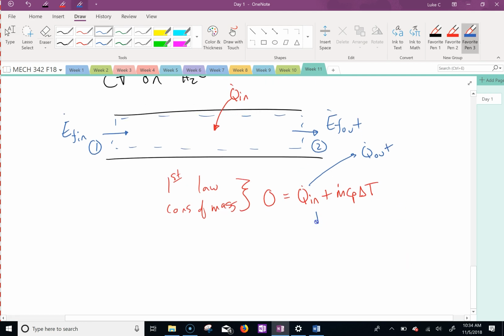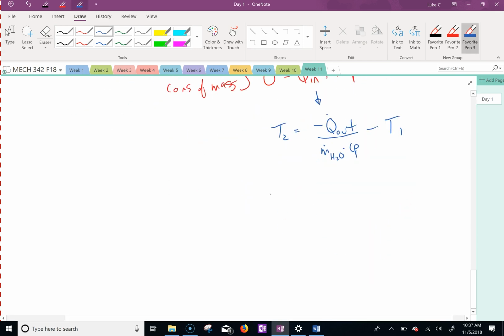So I rearrange this equation and solve for T2, which is negative Q dot out over m dot of the water times Cp, minus T1. All right, we have this.